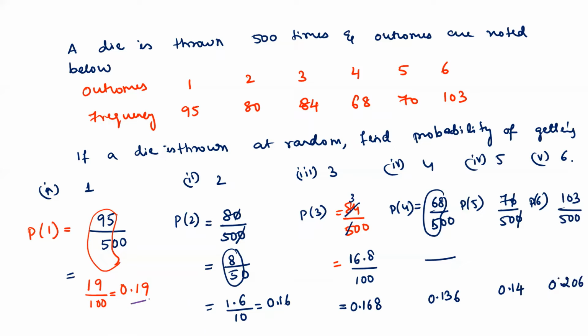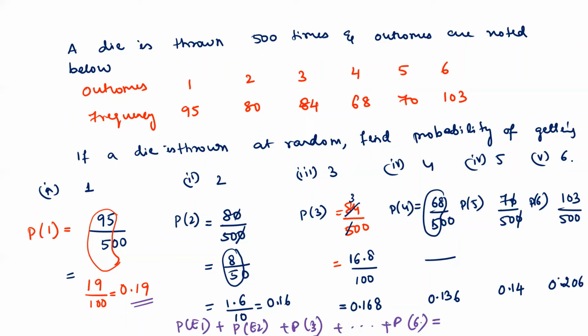Now I want you to add all the events: probability of 1 plus probability of 2 plus probability of 3, and so on. Just observe what you're getting when you add all the 6 events.